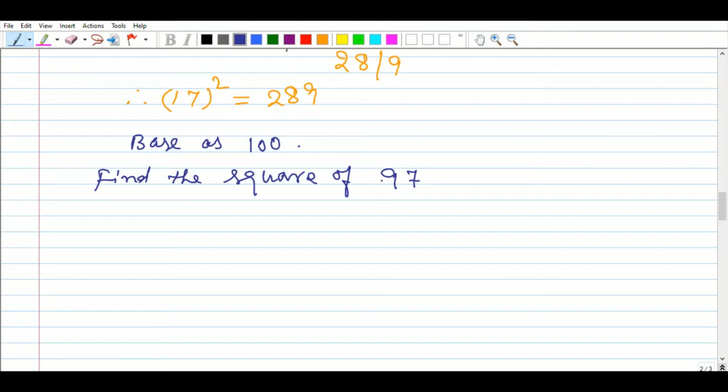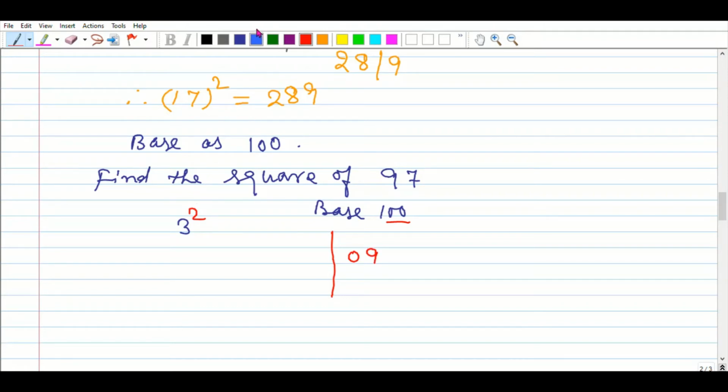It is 100. Base is 100. We are taking 100. So see here, how many less is 97 from 100? 3. 3 less. Okay. We are taking 100 base, so here are 2 digits. We can write 3 square is what? Here is 09.